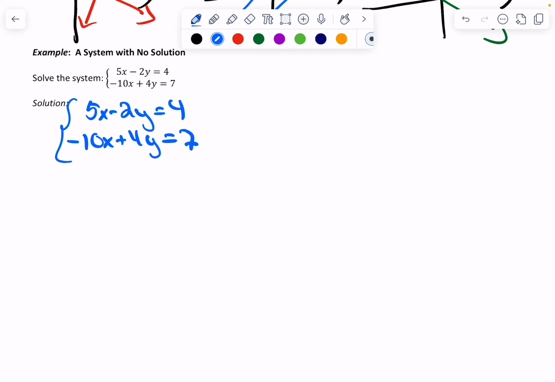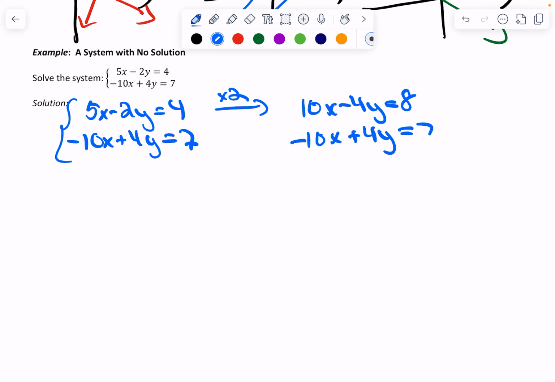If I multiply this top equation by 2, I get 10x minus 4y equals 8. As you can see when I'm writing the second one, this will cancel the variable out. Well, 10x minus 10x is 0x.